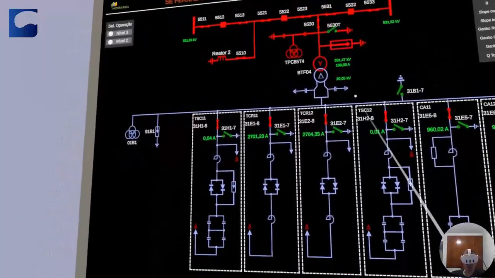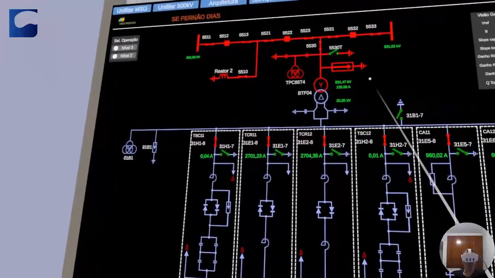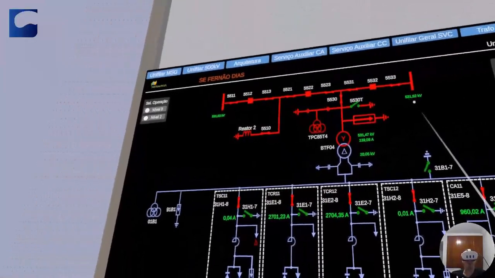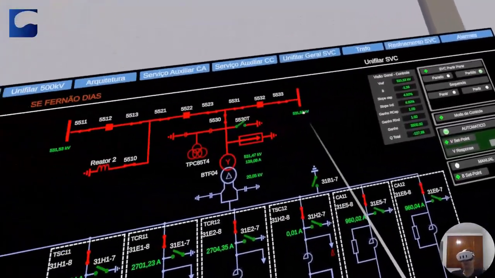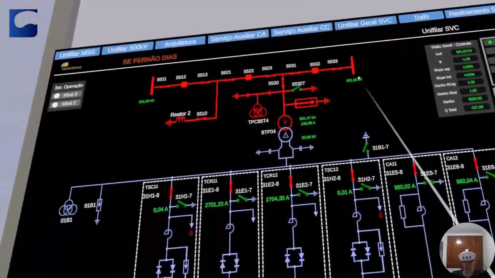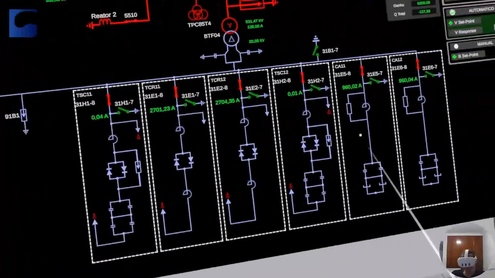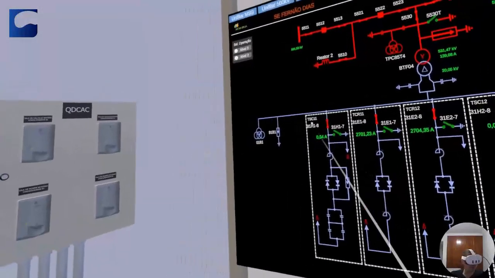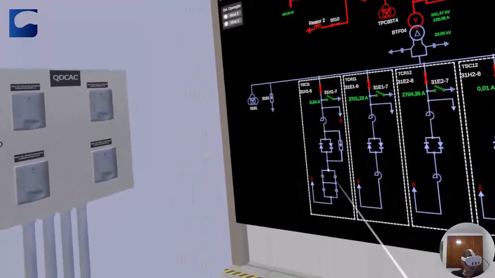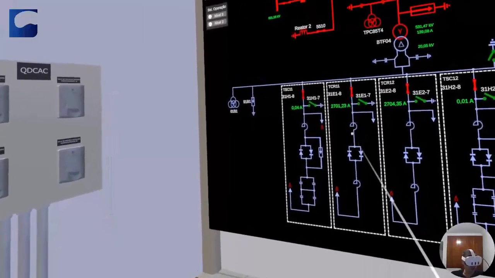So here it is. The static compensator is at 20.05 kilovolts, and at the bus bar, we have 531.52 kilovolts. That's probably the set point value, 531, 532. Guys, static compensation has these elements: TSC, which is a capacitor, and TCR, which is a switched reactor.